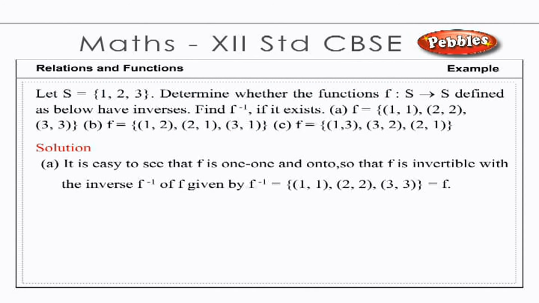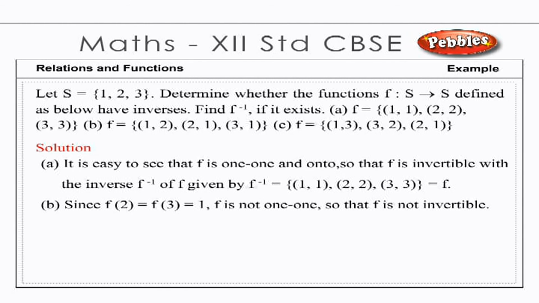Solution. A. It is easy to see that f is 1 to 1 and onto, so that f is invertible with the inverse f inverse given by f inverse = {(1,1), (2,2), (3,3)} = f.